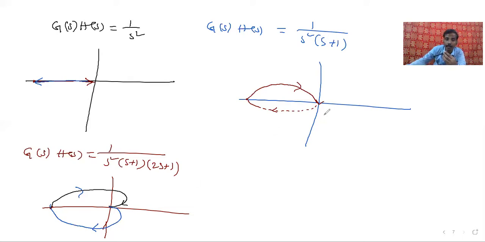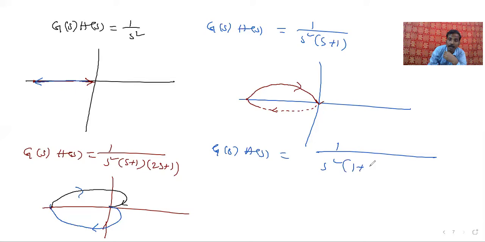Similarly, when another pole is added, G of S, H of S equals 1 by S square, 1 plus S, 1 plus 2S, 1 plus 3S, then first draw the polar plot, starting from the same point.